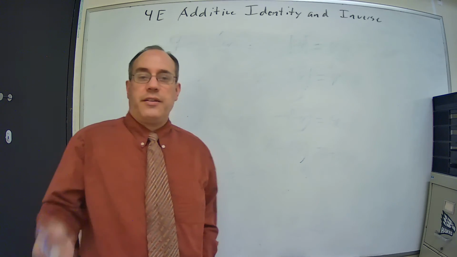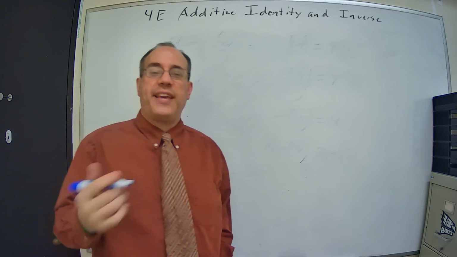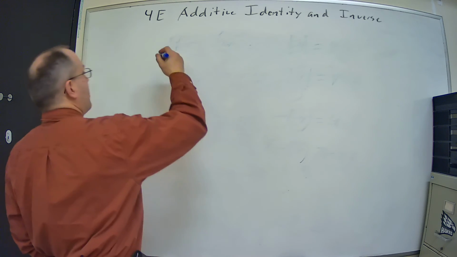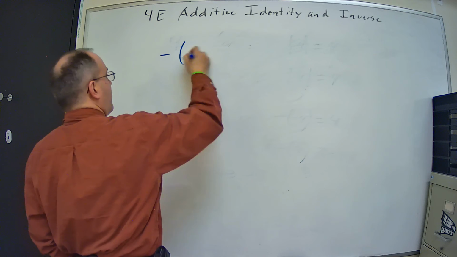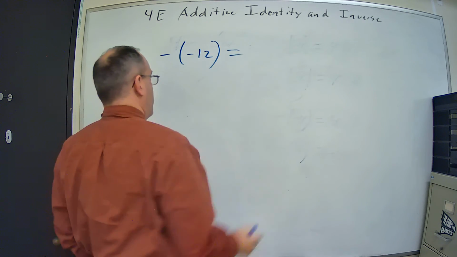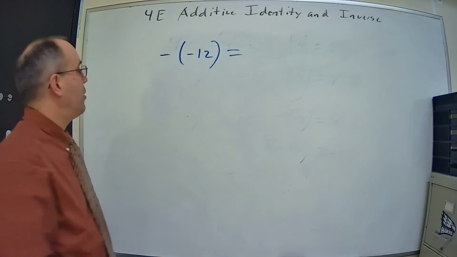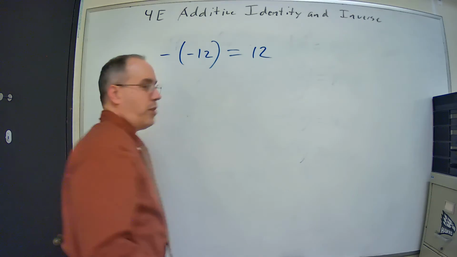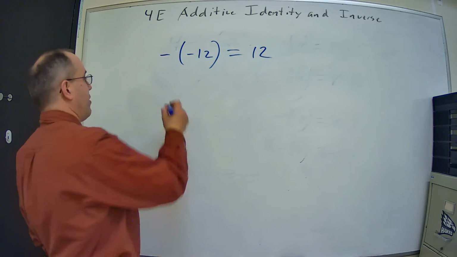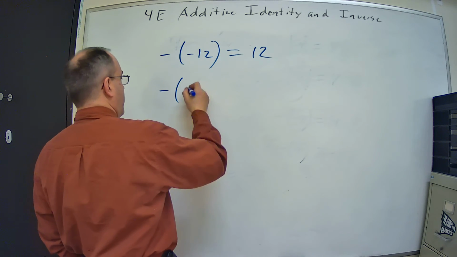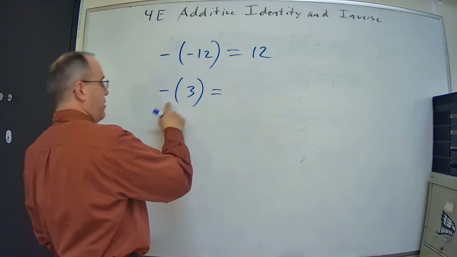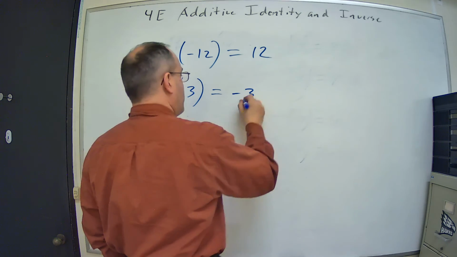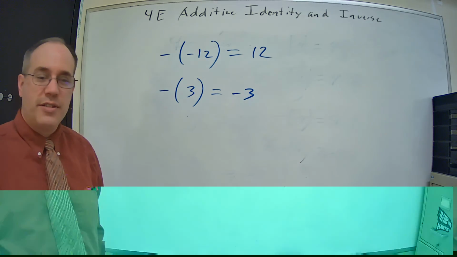So let's do a little bit of simplification of this. If I give you the negation of negative 12, that becomes positive 12, right? It changes the sign. The negation of positive 3 is negative 3, or the additive inverse is negative 3.